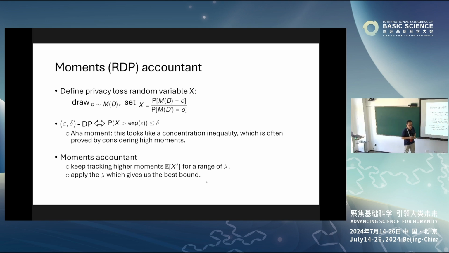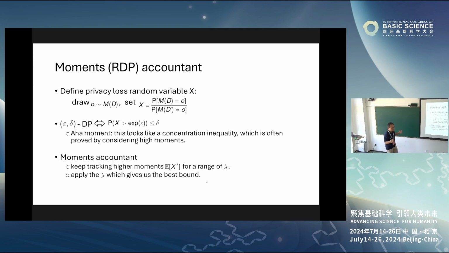Then your privacy loss becomes a random variable, and it depends on which output you observe. Now, the statement about epsilon-delta differential privacy is just to say the probability that this random variable is greater than a certain value is at most delta, right?